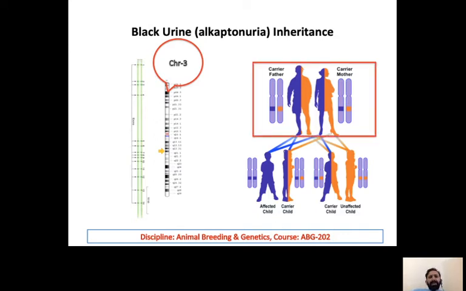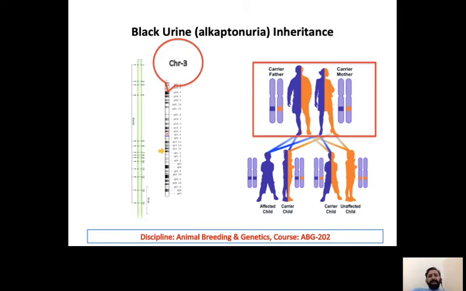So you can see two parents who are basically carriers, or heterozygotes, for this gene. The color for the defected copy is blue, while the normal copy is indicated in dark orange color.